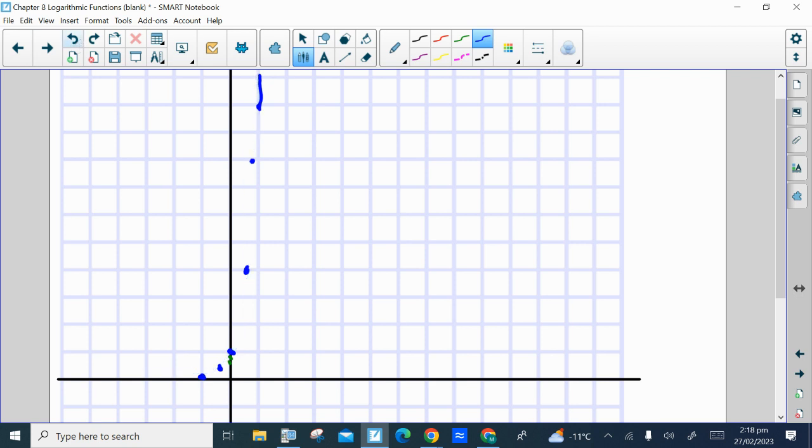That's terrible. Try that one more time. The x-axis is a horizontal asymptote. Looks something like that.